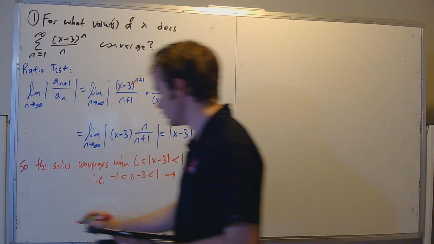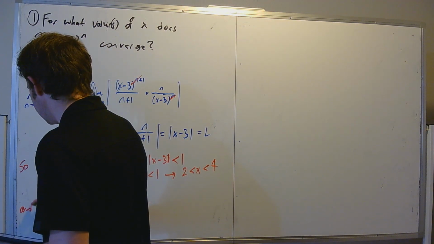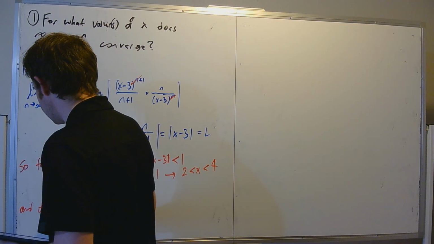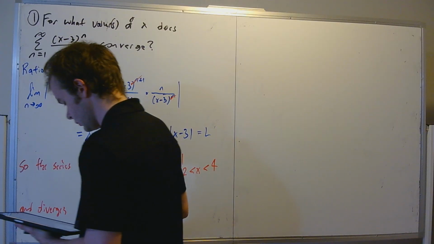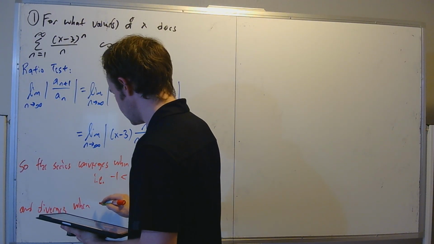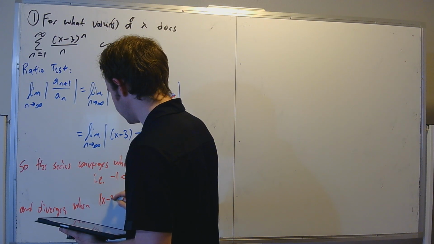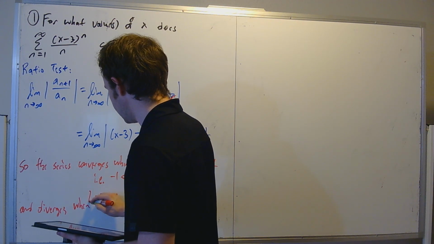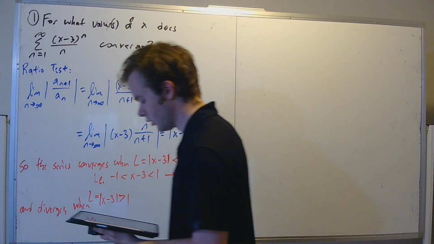And we can say similarly, it diverges when the absolute value of x minus 3, which was equal to L, is greater than 1.